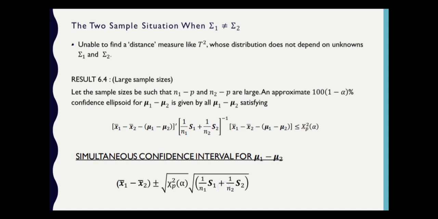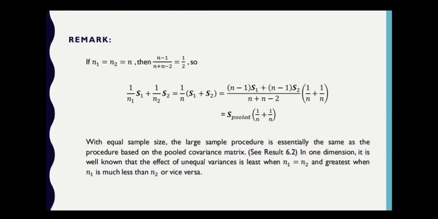Kalau small sample size tadi, kita akan gunakan S pool, and because of the variance, covariance have the common covariance, kan, for the first population and second population. Okay, but if a large sample size for the first population and second population is equal, kita guna balik formula S pool.